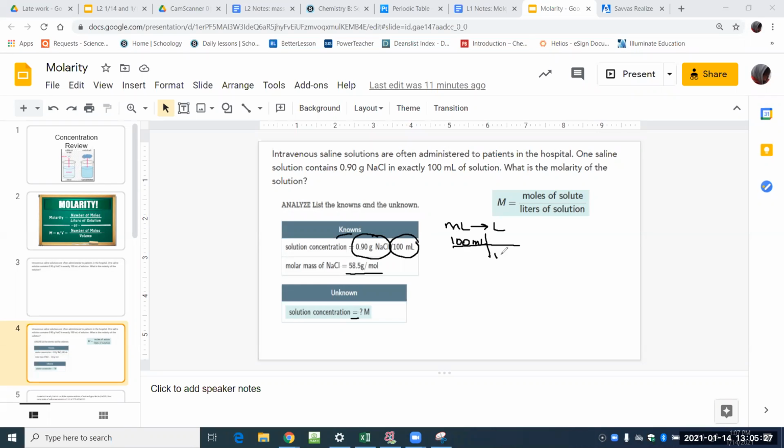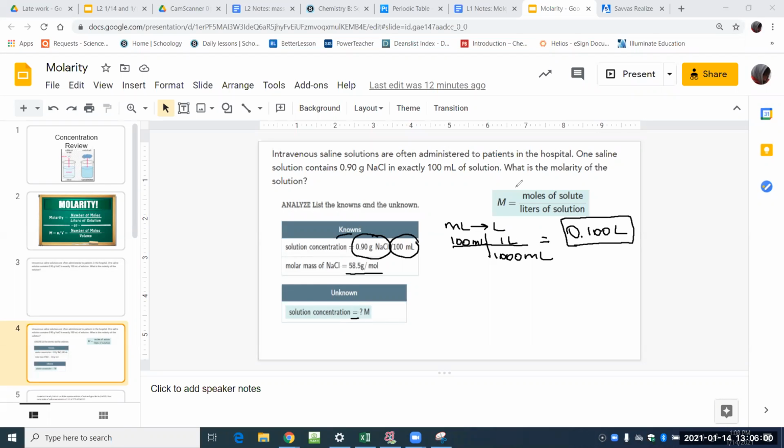I also know that there's 1,000 mLs in 1 liter. Okay. So if I solve this, I'll take 100 and divide it by 1,000. Okay, and that's going to give me 0.100 liters. Okay, so that's how you convert.